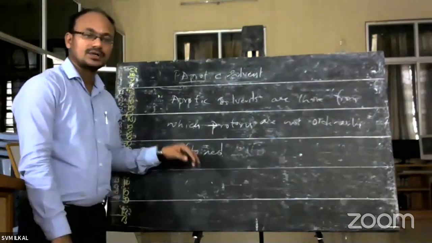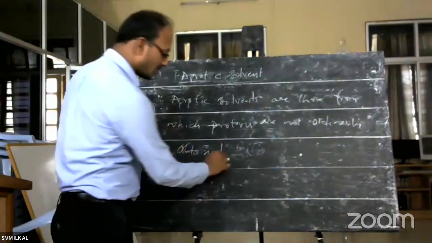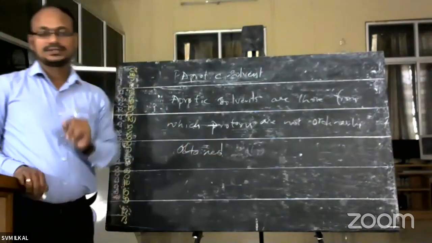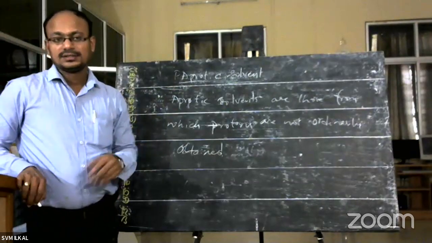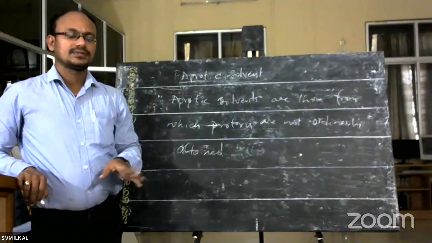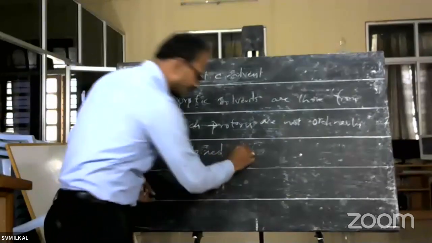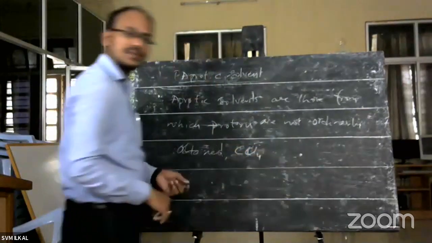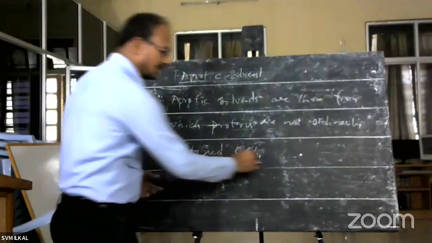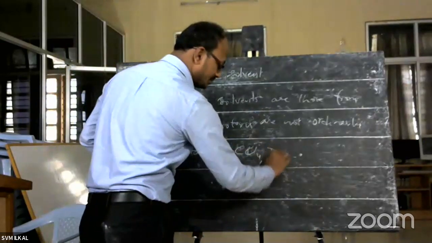So in general, aprotic solvents will not contain protons. You take any of the examples of organic solvents. Example, carbon tetrachloride. Then DMSO, dimethyl sulfoxide.